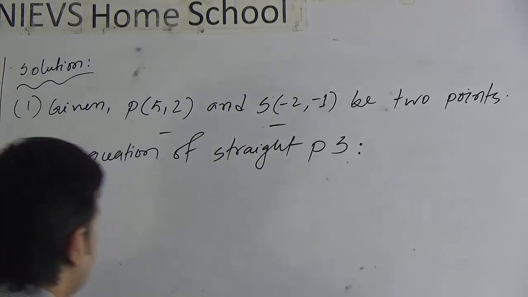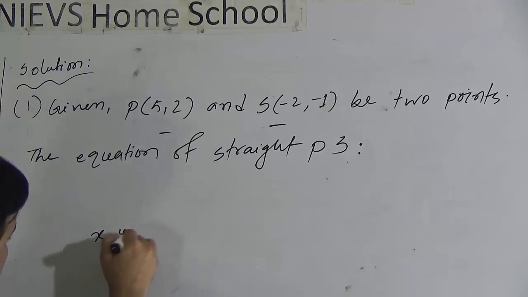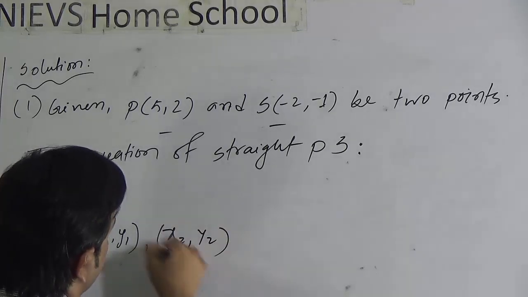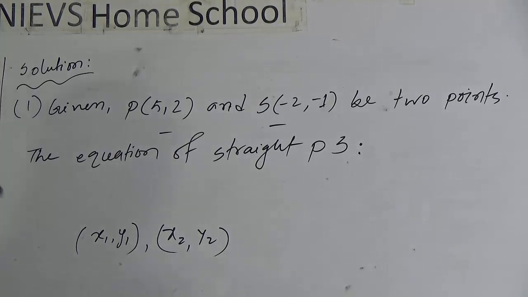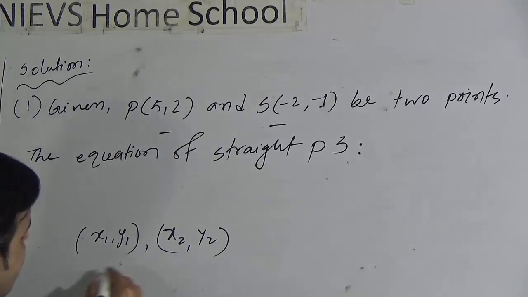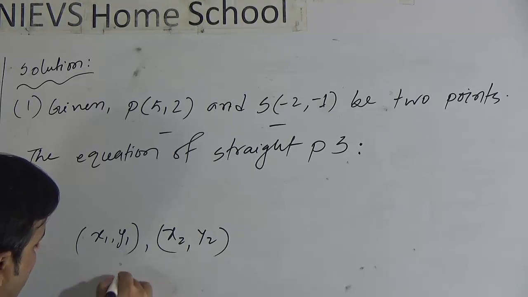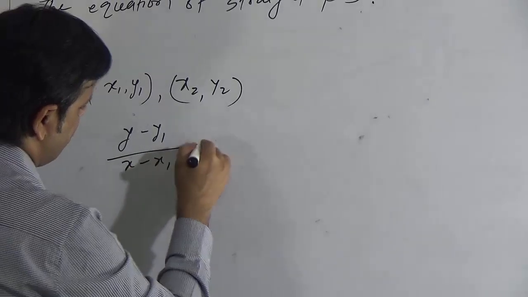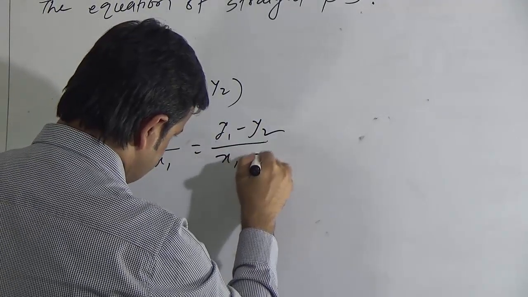For this we need a formula. If a point is (x1, y1) and another point is (x2, y2), then the equation of straight line passing through these 2 points is, you know, (y minus y1) by (x minus x1) is equal to (y1 minus y2) by (x1 minus x2).